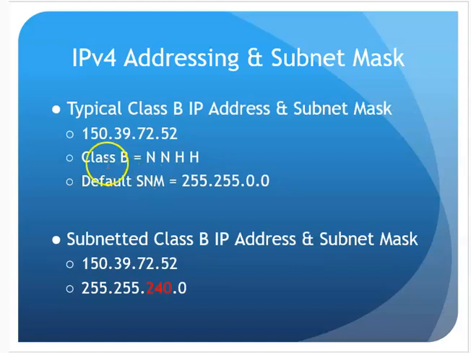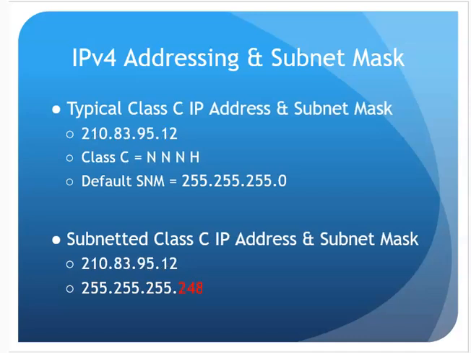So that lets us know there's something going on in that octet to organize the network. If we have a Class B, 150 lets us know it's a Class B because it's in that Class B range. We are expecting network, host, host. We're expecting 255.255.0.0. That's all normal. That's all the default. But if I happen to see 255.255.240.0, that 240 lets us know they're doing some kind of subnetting to organize the network. And if I have a Class C, 210 again lets us know it's in the Class C range, that 192 to 223.